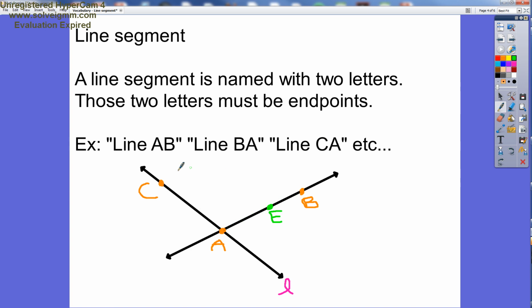So when calling something line AB, or line segment AB, I didn't put the little bars here, but what I'm going to do is I'll make a little hat, and you don't have to put dots on the end, although you sure can if you like. I've seen it done where people say, oh, well, it's got to be a bar with dots on the end to show that it starts at A and ends at B. But as long as your hat does not have arrows, specifically, I do not want to see an arrow.